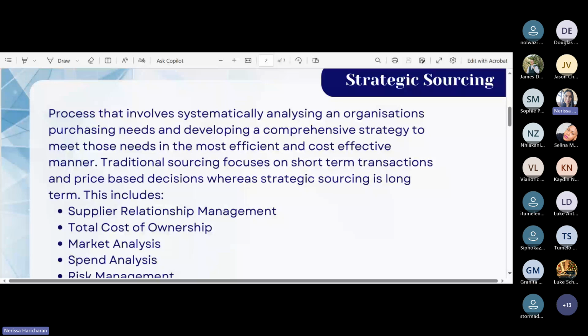Traditionally, sourcing focuses on short-term transactions and price-based decisions. You'll see a lot of businesses, especially from a logistics perspective, when they source suppliers, try a sort of horse trading with suppliers, where they send out a specific RFQ or RFP with all of your details, and you then have to come in and put either a solution in place, something that can optimize their supply chain from a logistics perspective, or a price.